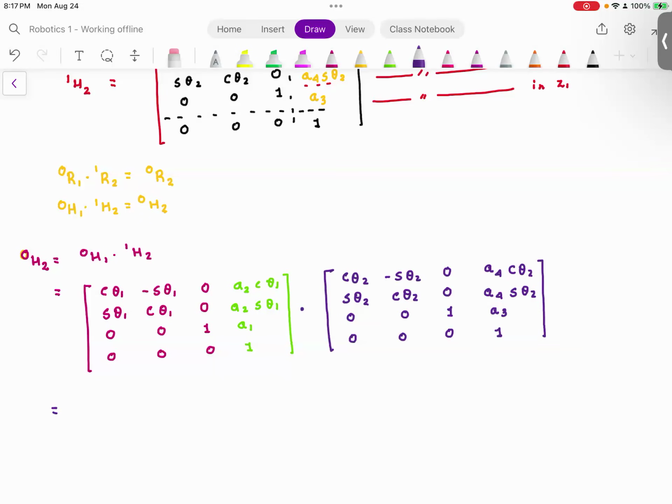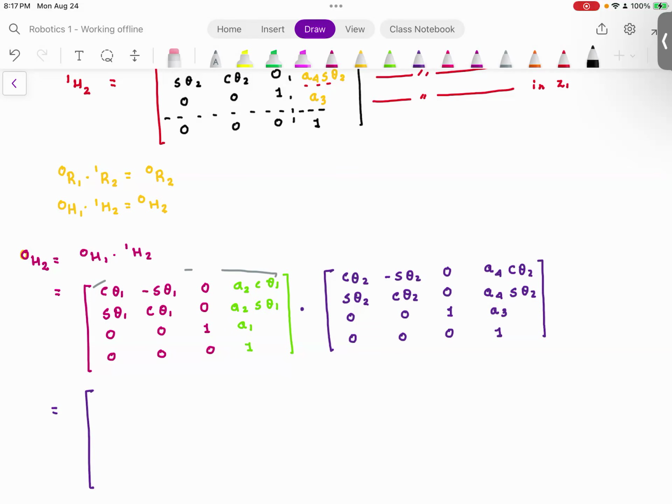Now I'm going to do this long multiplication. I need to make sure that I don't make mistakes, because it's quite possible I may not be doing it correctly. First row, first column. So I'm going to take this first row and multiply with the first column.